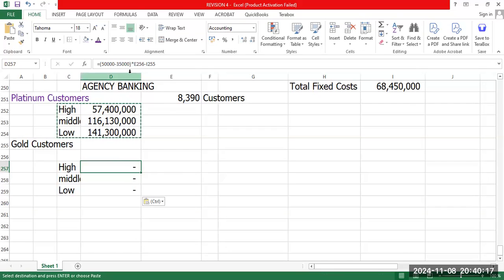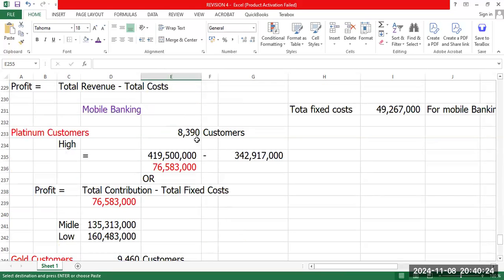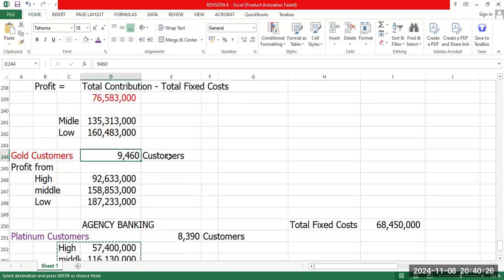I will just change the number. What is the number? 9460. The number of gold customers is this.